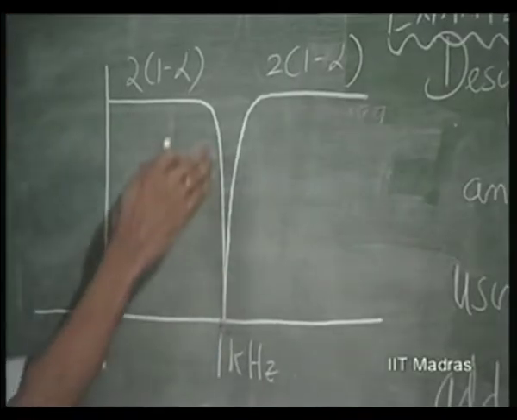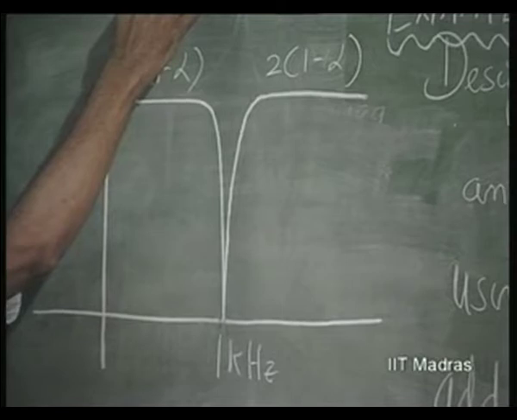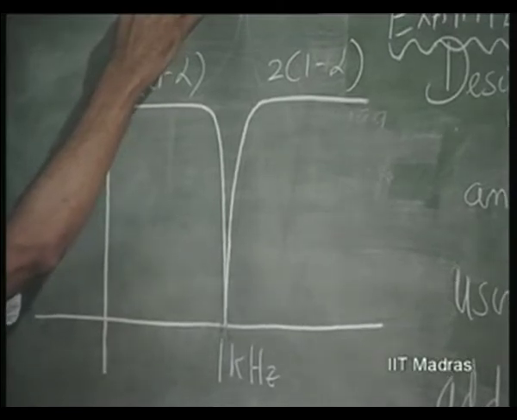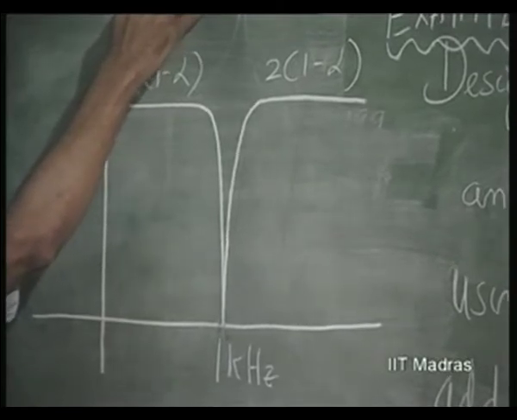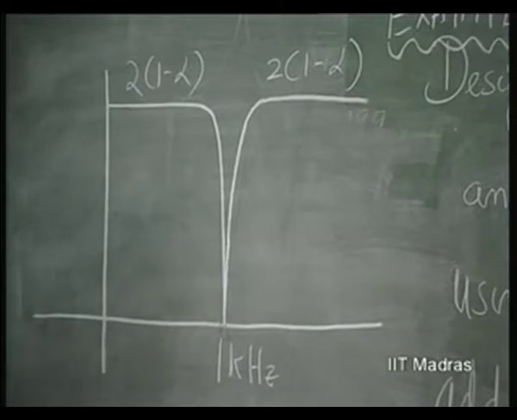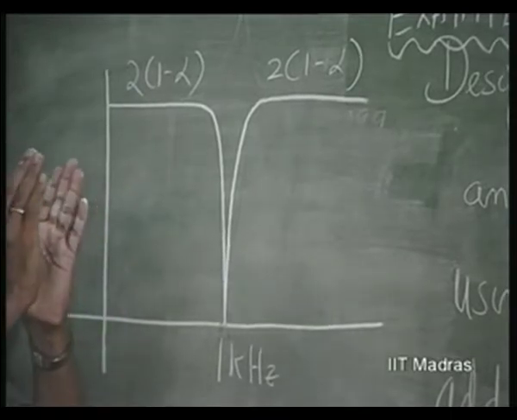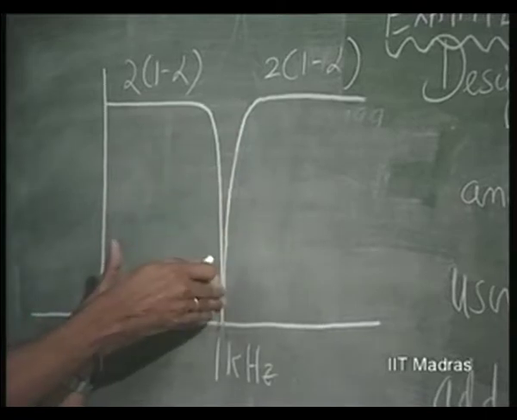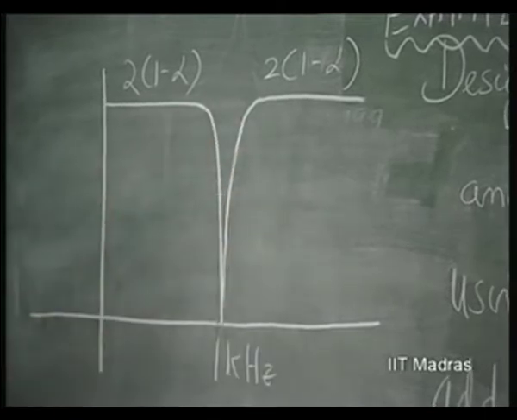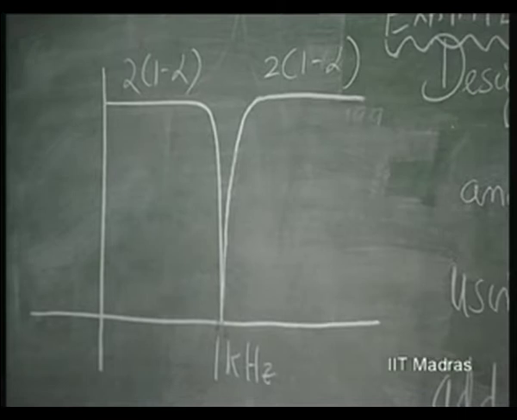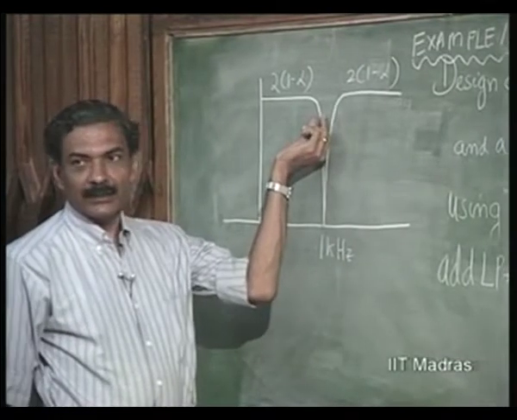Okay. So, even though it is trying to peak to an extent of 2 into 1 minus alpha into q, since it is going to be multiplied by 0, it is just brought down. Okay. And if the narrow peak occurs, then this will be also narrow. So, the q really governs how narrow this is going to be.